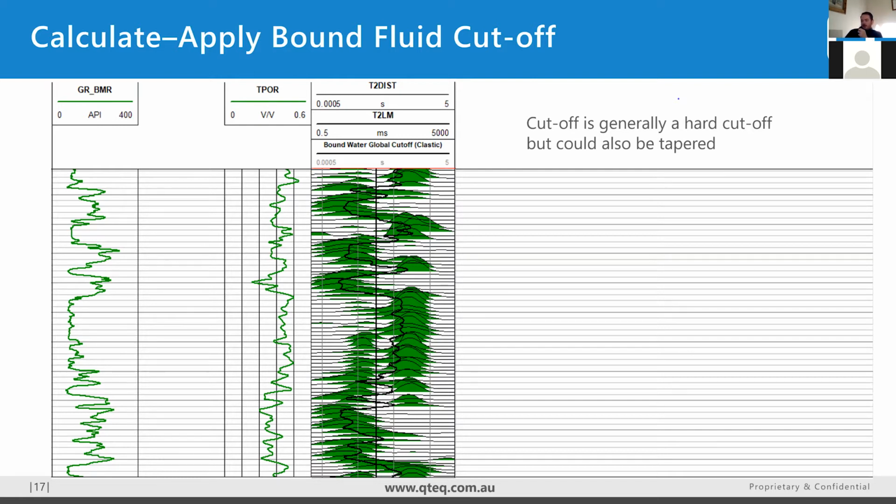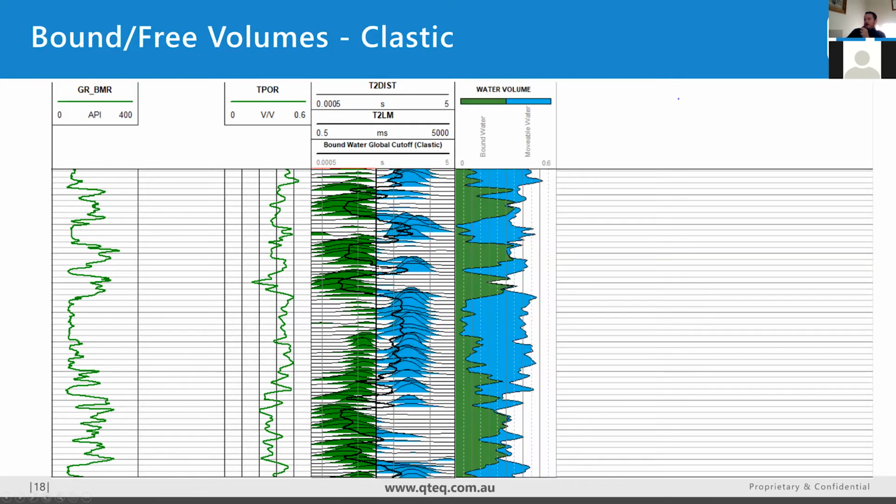The first one that we're going to look at is for sandstones or clastic environments. This is a value of 33 milliseconds, and it's roughly where this black line is. We say anything to the left of this is bound water, and anything to the right of this is movable water. We can just do a hard cutoff of left is bound, right is free water.